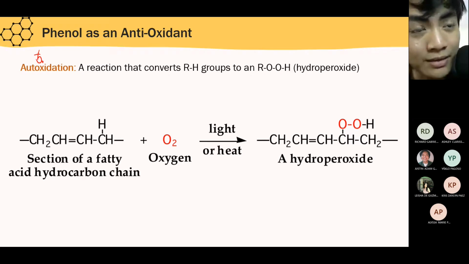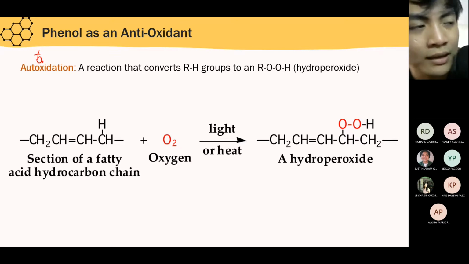So, apparently, you can remove that rancidity, rancid smell using antioxidants such as phenol. Okay? So, yan. So, kunwari, may food ka, ayan, na-expose siya sa oxygen in the air and mainit sa paligid, di ba mabilis mapanis yung food kapag mainit tapos naka-expose sa air.